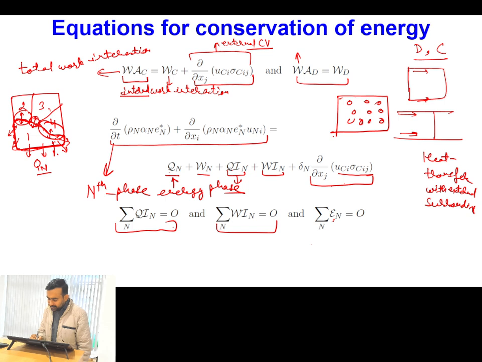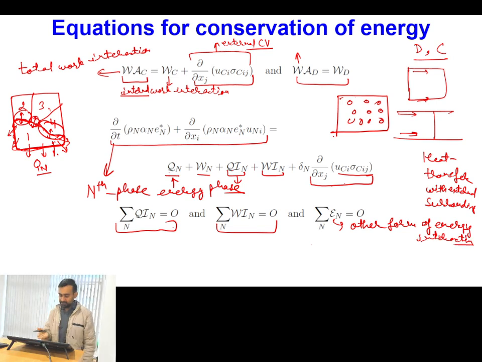And epsilon n is some other form of energy interaction. So other than heat or work, if any other form of energy interaction is happening between the phases that is not accounted for now, but maybe in further equations it may be there, then the summation of that other form of internal energy interactions between the phases will also be equal to 0.